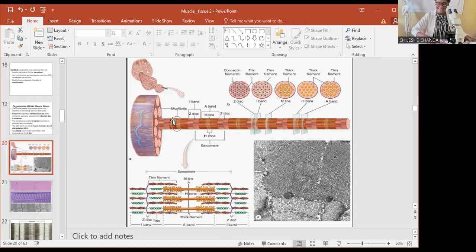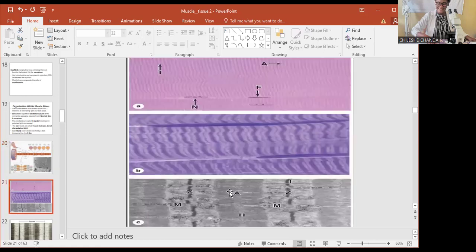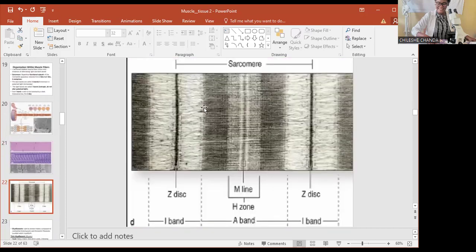If you look at this diagram nicely, you are going to see that there are different shades. The same way these appear here is the way you are likely to see this under a microscope. This is an actual light micrograph.